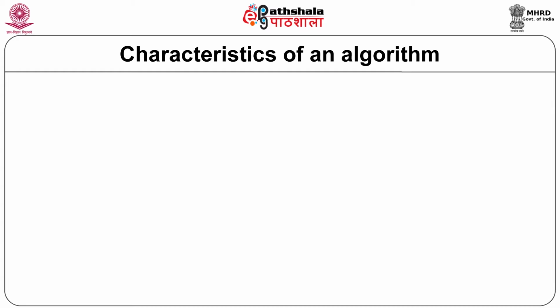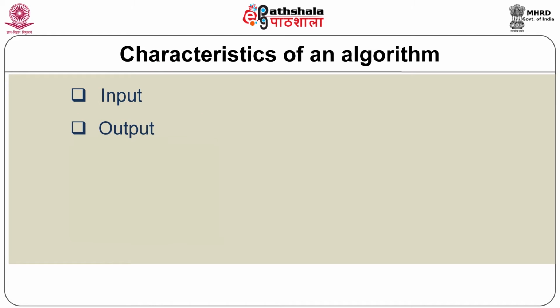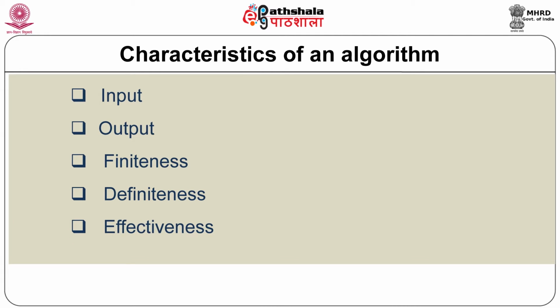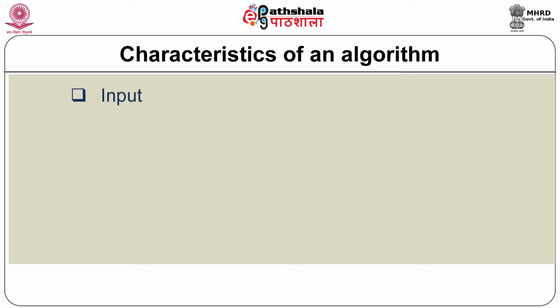Then what are the characteristics of an algorithm? There are a total of 5 characteristics identified in an algorithm. First is input, second output, third finiteness, fourth definiteness, fifth effectiveness. Input: 0 or more quantities are externally supplied, considered as input to the algorithm.